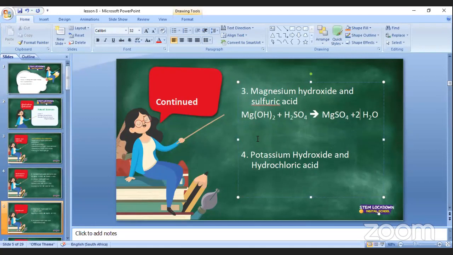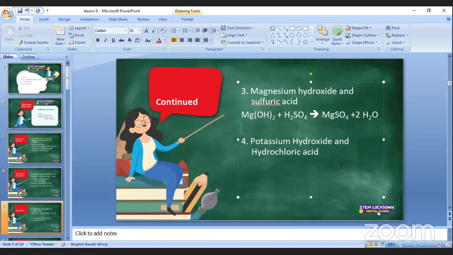Let us look at potassium hydroxide reacting with hydrochloric acid.